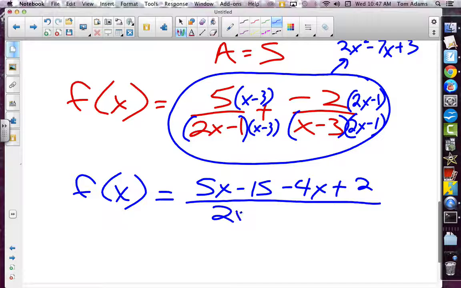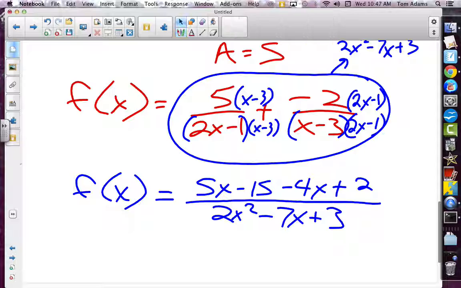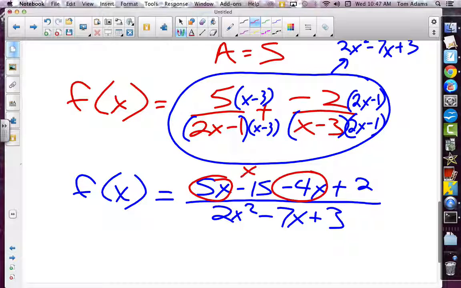And then that is over 2x squared minus 7x plus 3. Okay? 5x minus 4x is just x. And then negative 15 plus 2 is negative 13. Was that correct? Yeah, it was correct.